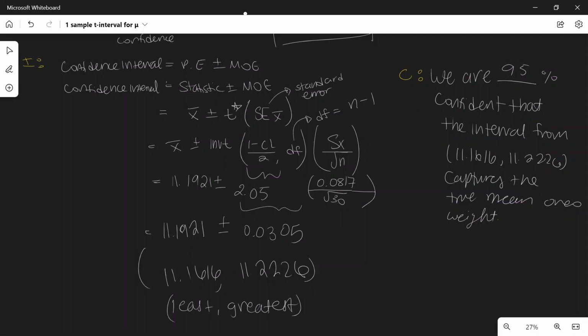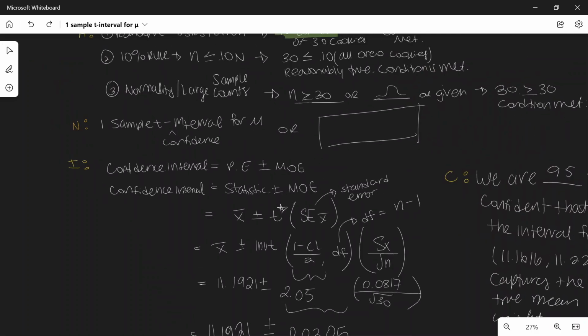Yeah, that's pretty much it. That's the conclusion. So we are 95% confident that the interval from, this is our interval, captures the true mean Oreo weight, which is our context, right?